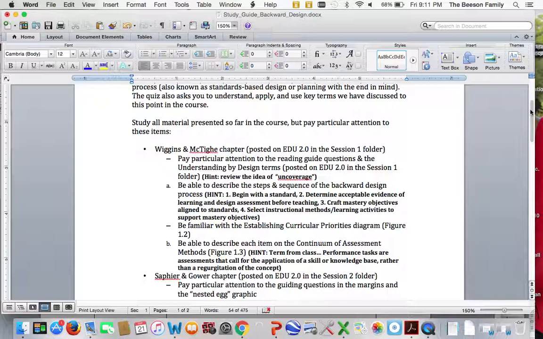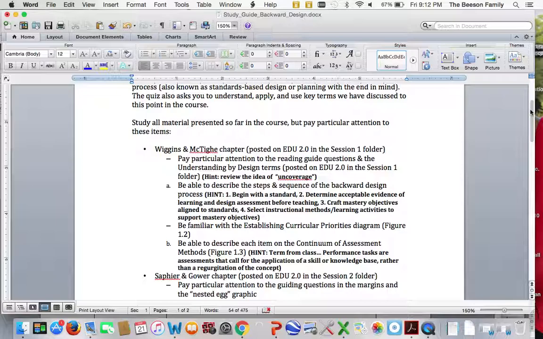So if you review your readings, make sure you've read them, and look at the guides that I gave you for the readings that highlighted some of the key terms and concepts. If you review those terms and concepts, and you especially pay attention to what's bolded on this sheet, then you should have no problem. And I do mean that, so it'll be okay.